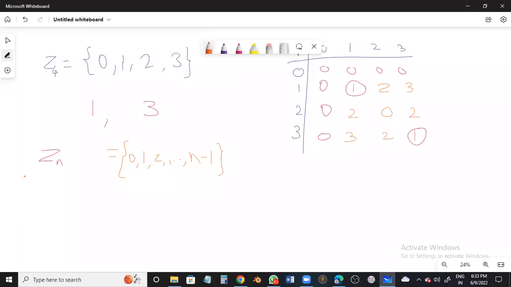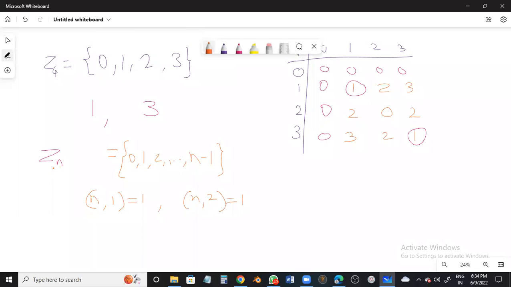Now, you know very well that every one of these elements is relatively prime to n. GCD of n with 1 will be 1. GCD of n with 2 will also be 1 if my n is prime.